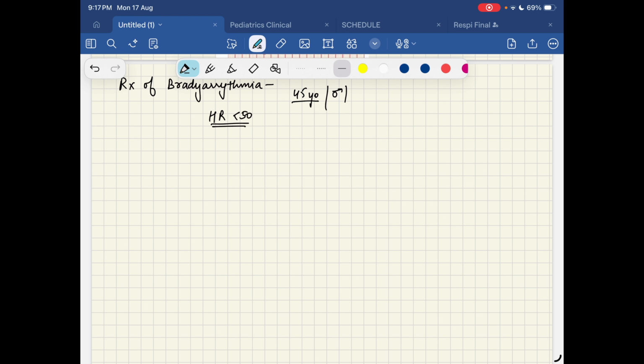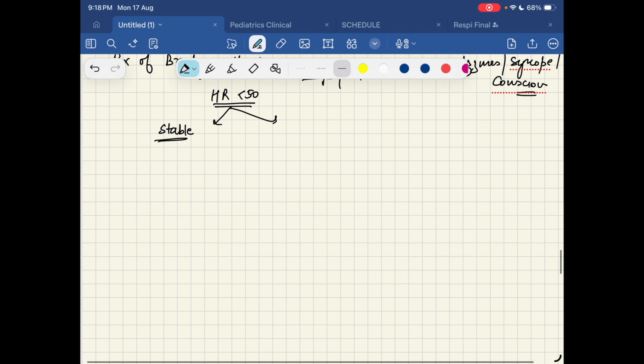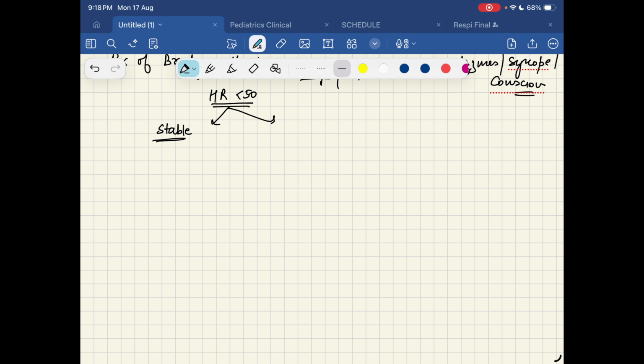Now you have to see whether your patient is stable or unstable. Stable means that he's not currently experiencing any dizziness or syncope, and he's conscious, he's talking to you. So why inject drugs into him? Let's proceed with treatment of what is causing this bradycardia.